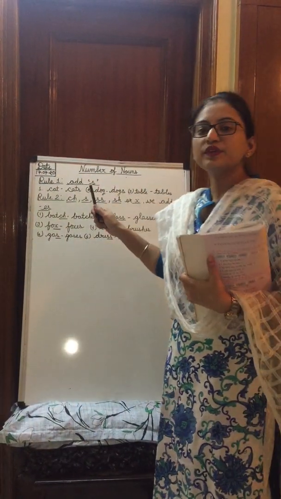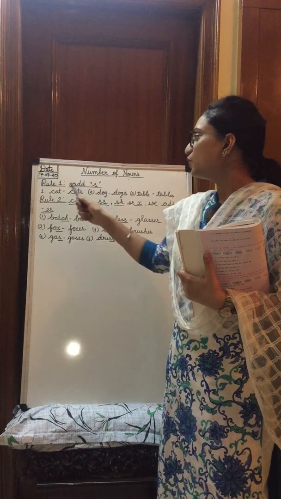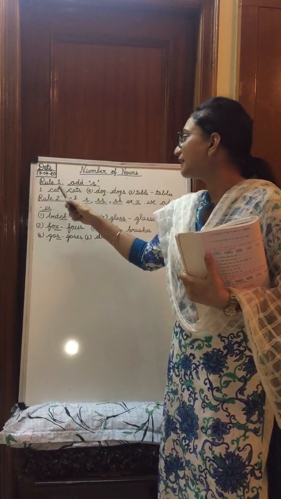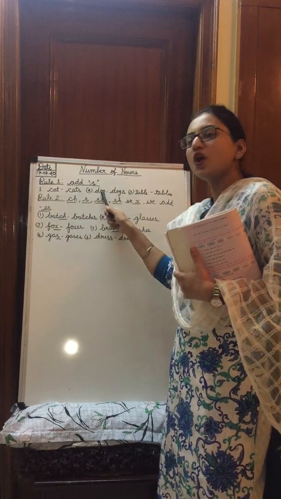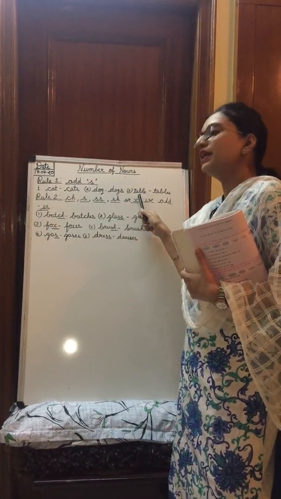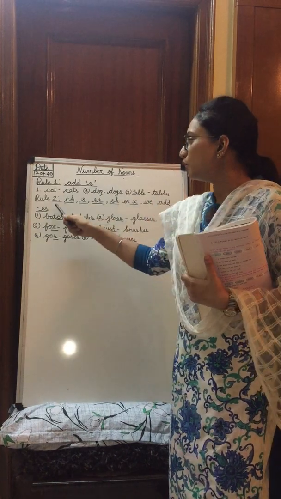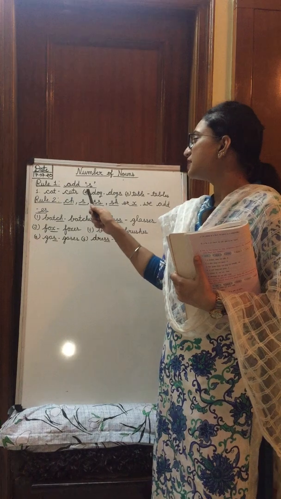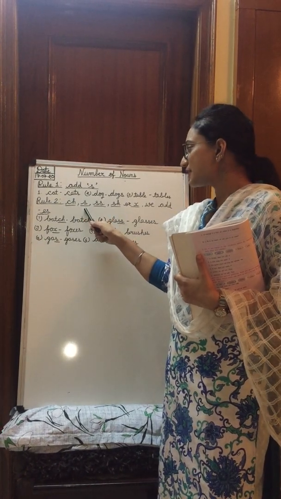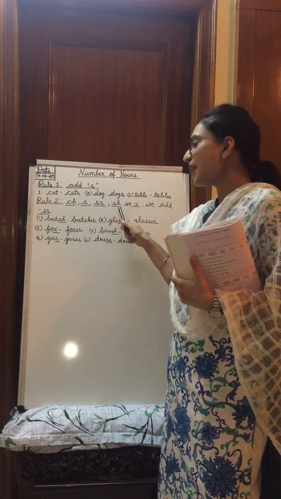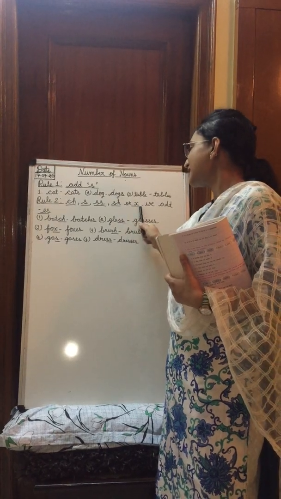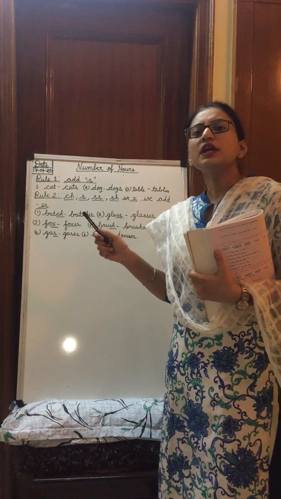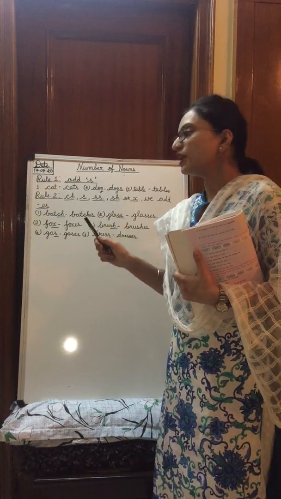So till now we have done 2 rules. In rule number 1 we have to add s only. Like cat, cats. Dog, dogs. Table, tables. In rule number 2, if the noun ends with ch, s, ss, sh or x, we add es to the end of the word.